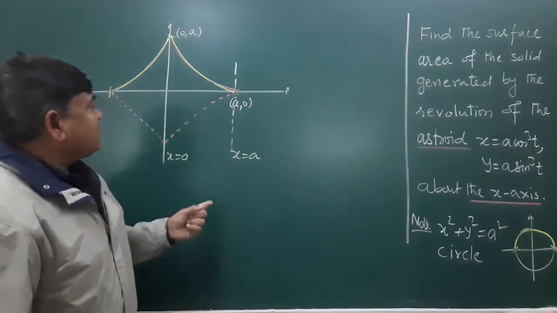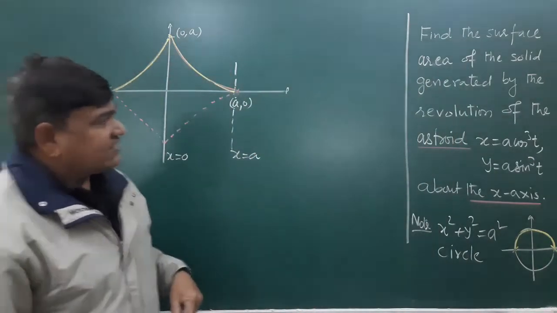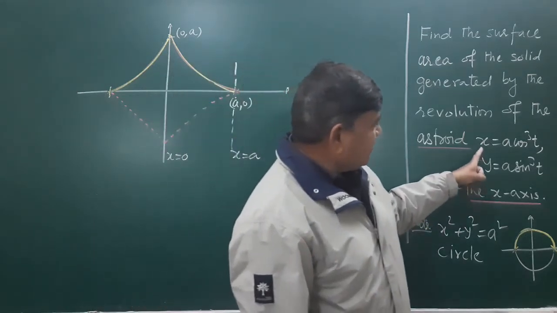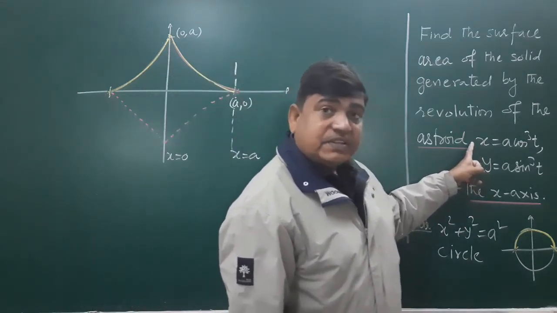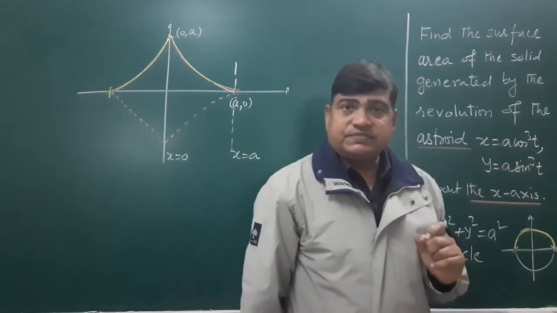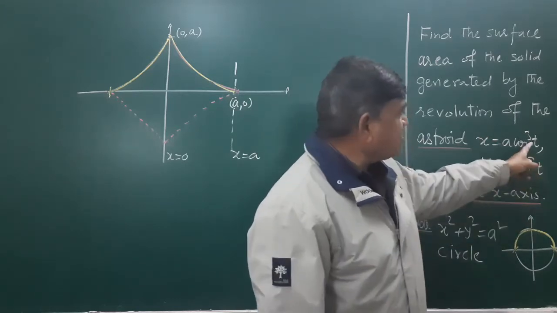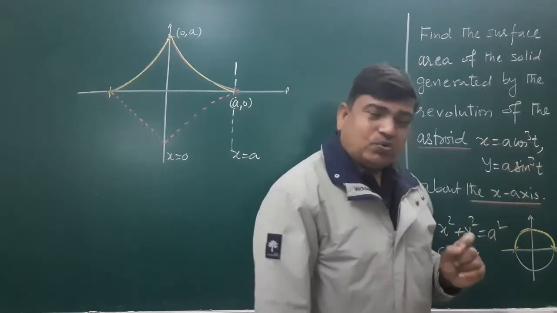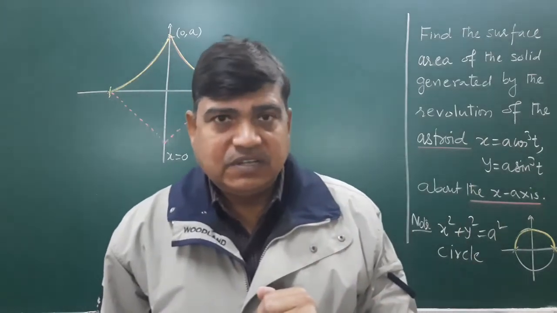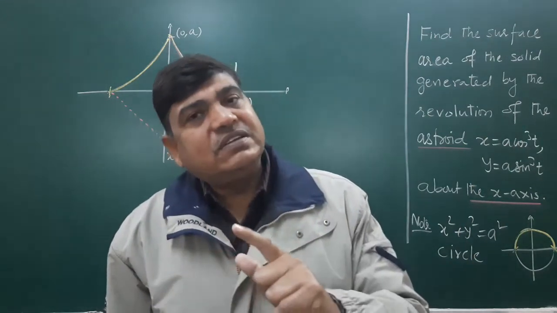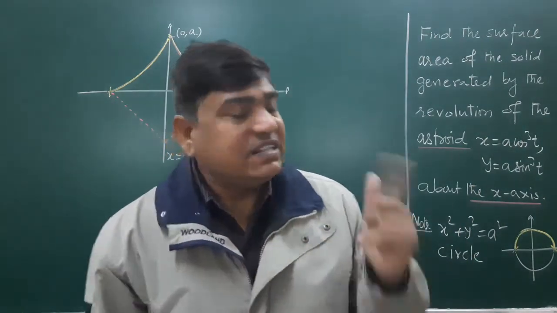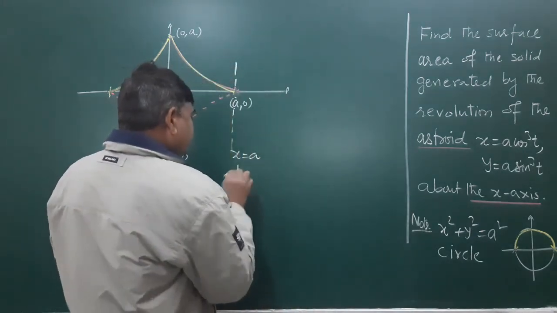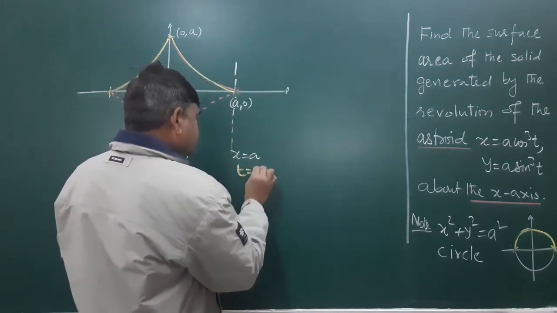Now remember, here x equals a. So if x equals a, then this a is cancelled out, then cos cube t equals 1, and cos is 1 when the angle is 0. So here t equals 0. You remember, t is 0 here.